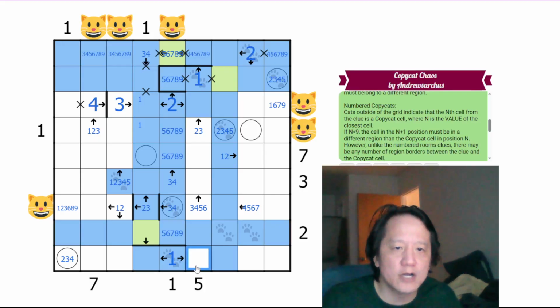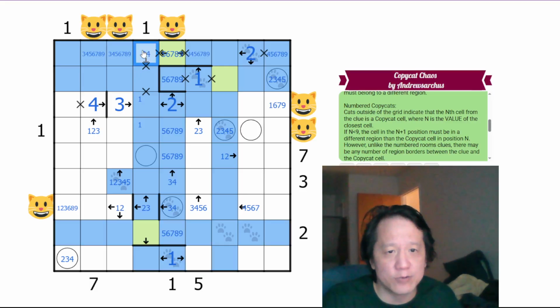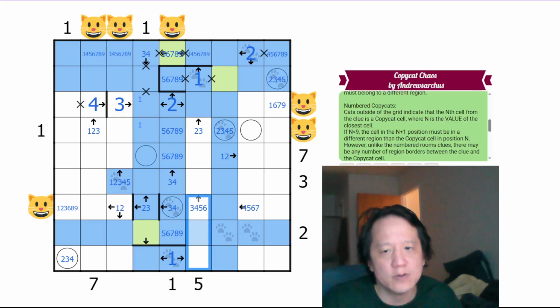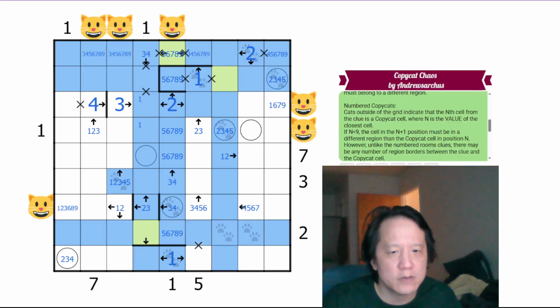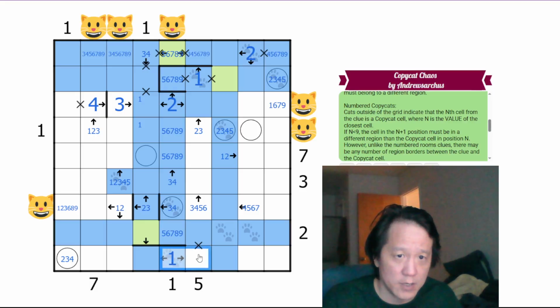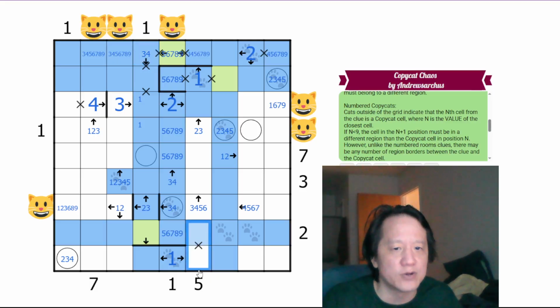So if this were a copycat, it would copy a 3 or a 4. So we know these are the same region. At least. Wait, hold up. It can't be 1 here. And if you're copycatting, it could be... So we know, sorry, these two are part of the same region.